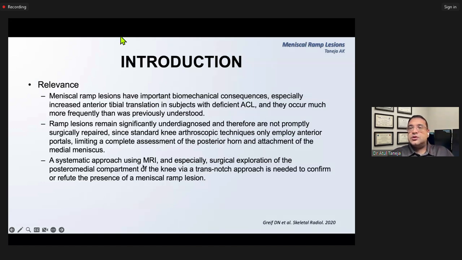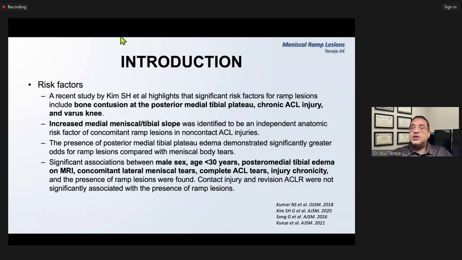A systematic approach, both for MRI and for surgical exploration, is needed, whether using a standard approach or additional portals.